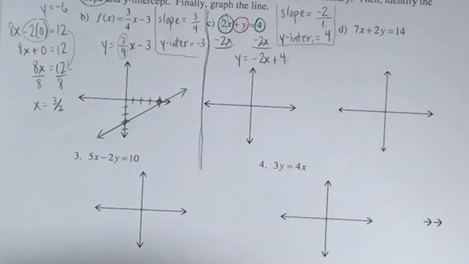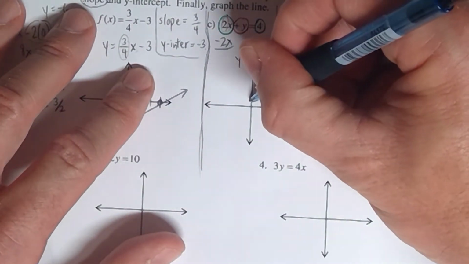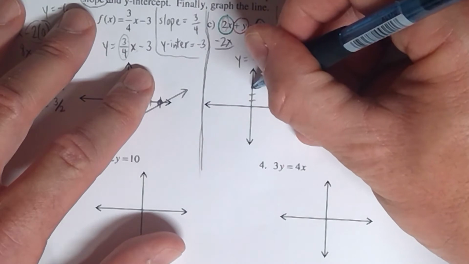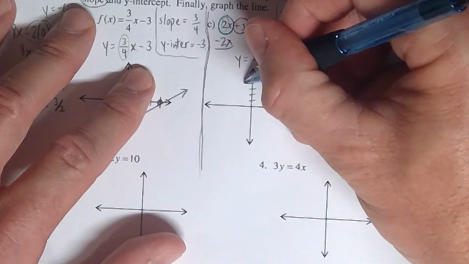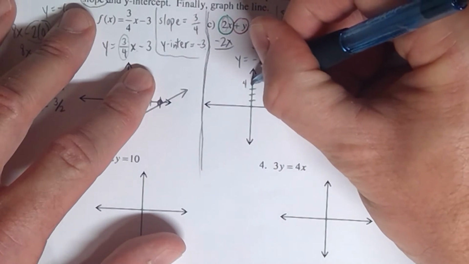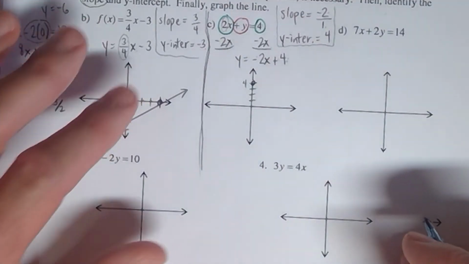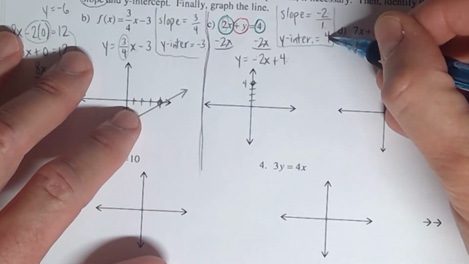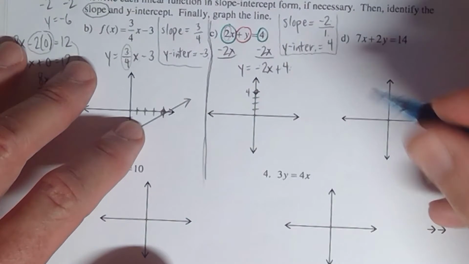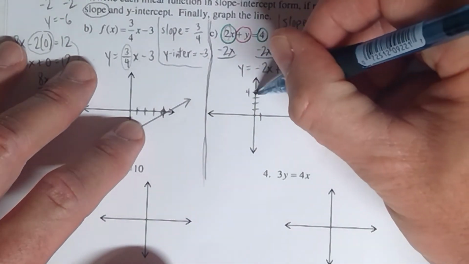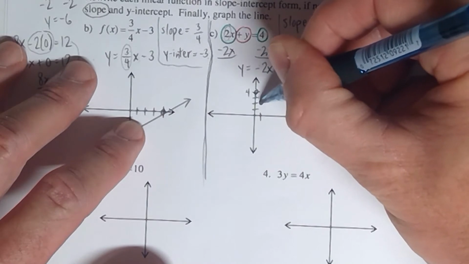But before you do that drop and run stuff, as I mentioned in the last problem, you've got to have a place to start from. And since the y-intercept is 4 here, you always start with that when you're doing this method. So we start out with the y-intercept, and then because we're supposed to drop and run, let me count that out here now. You're going to drop 2, and then you're going to run 1 to the right.